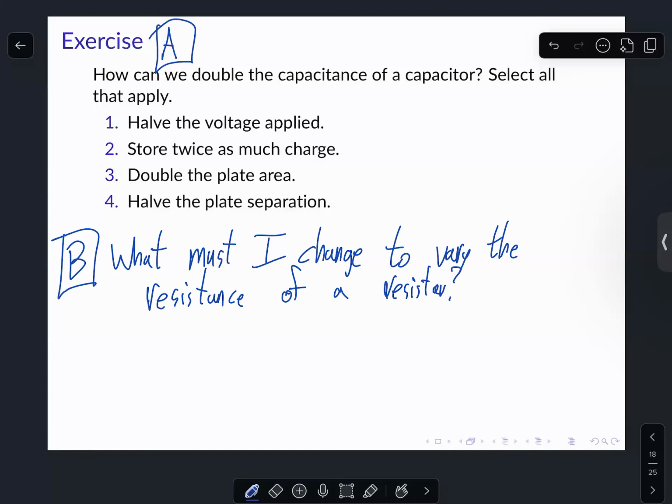I'm seeing true statements about resistance, but you're not answering the question. What do I do to change a given resistor's resistance? I've got a 100 ohm resistor. I want a 200 ohm resistor. What do I change? You don't have to remember the exact equation.